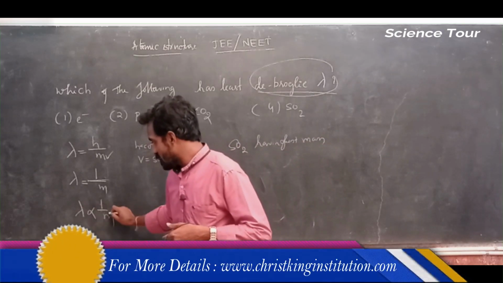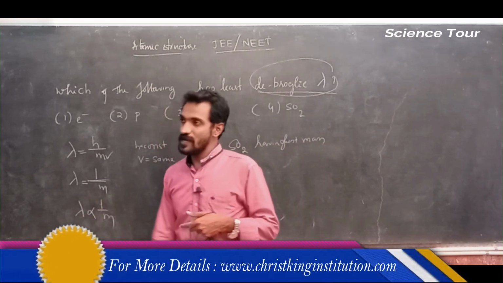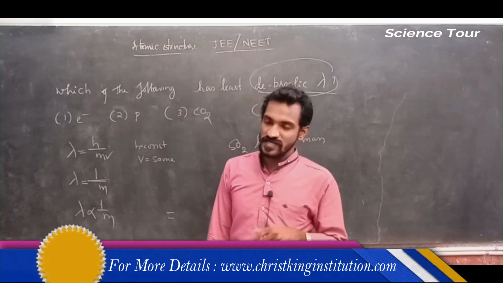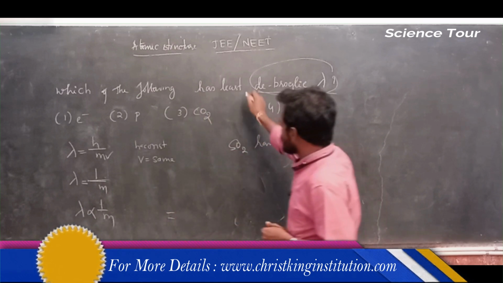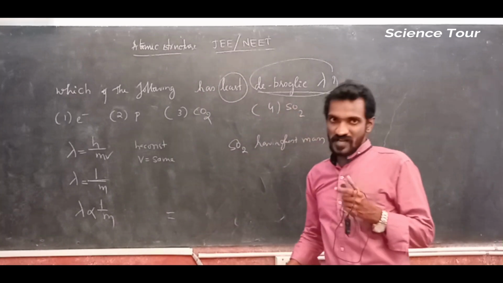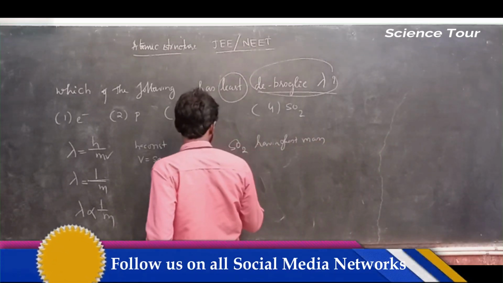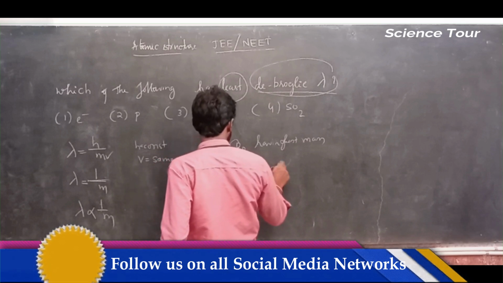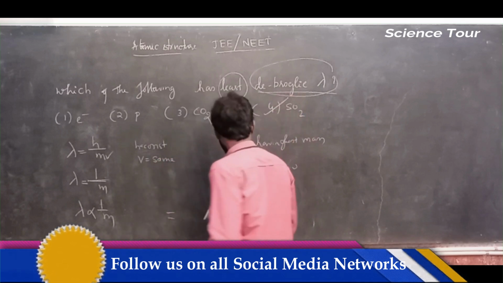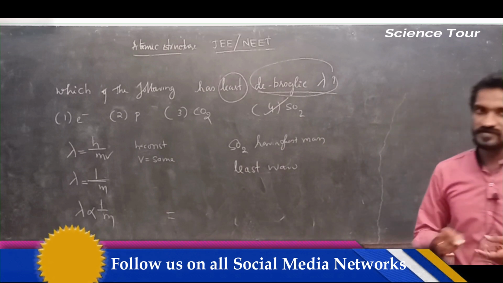According to this, which has the highest mass, what happens? Wavelength is least. Here they asked least wavelength, smallest wavelength. Sulfur dioxide has the highest mass, so least wavelength. Option 4 is correct.